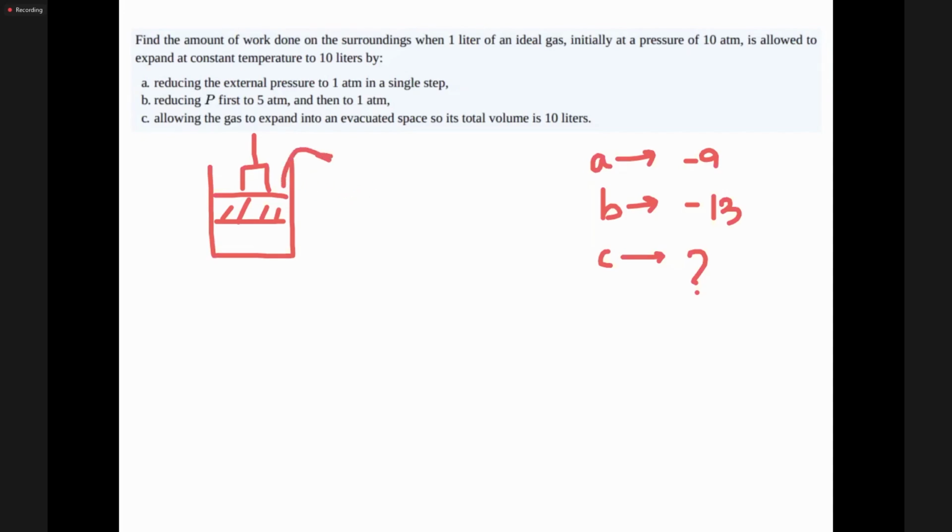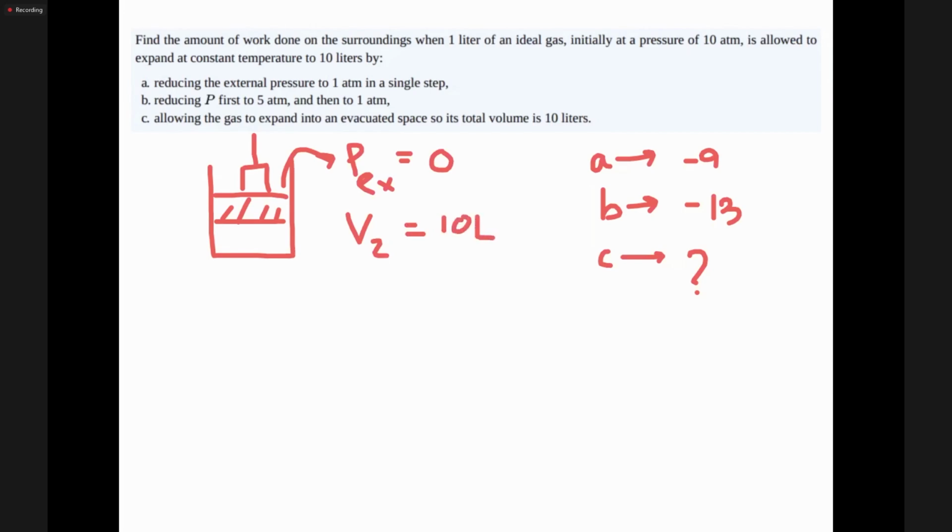Now the P external is zero, but the volume against which it will be released will be 10 liter. So V2 will be 10 liter.